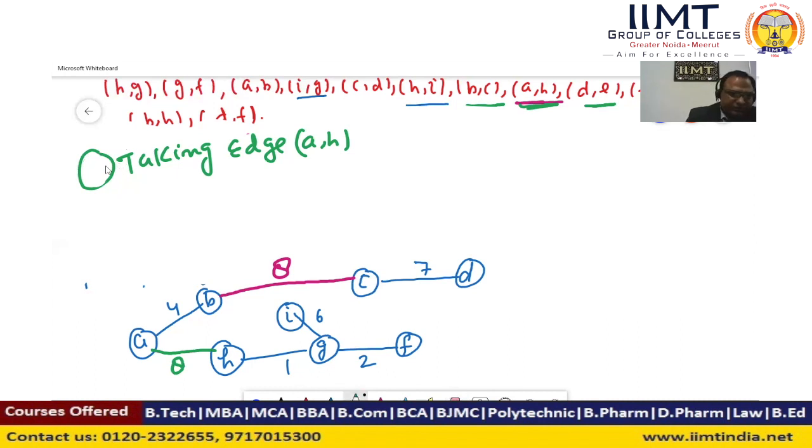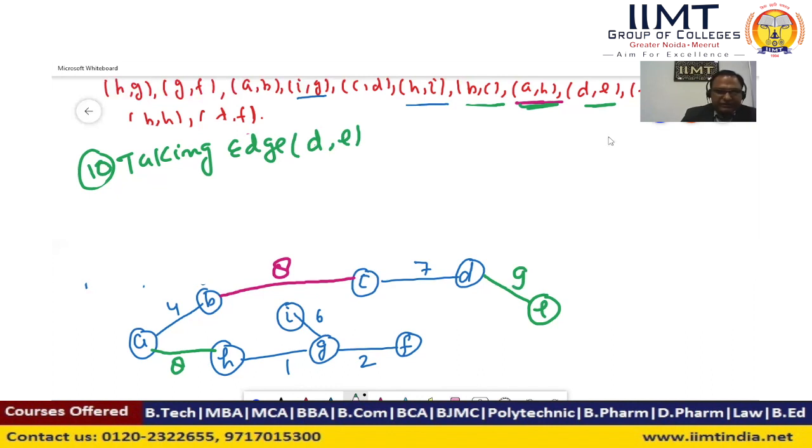Step number 10, taking which edge? D comma E. Here is D and here is E. The cost of this is 9. So we can take it because still there is no cycle in this graph.